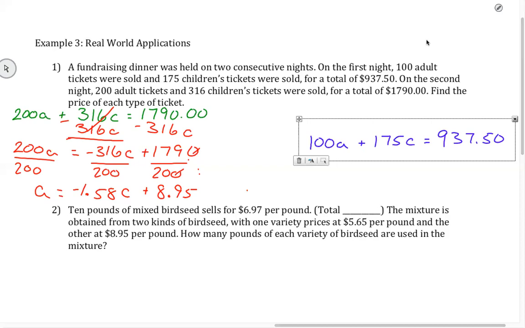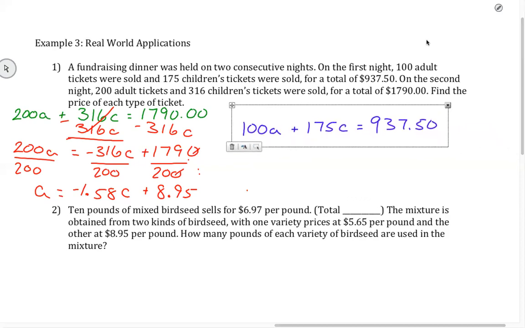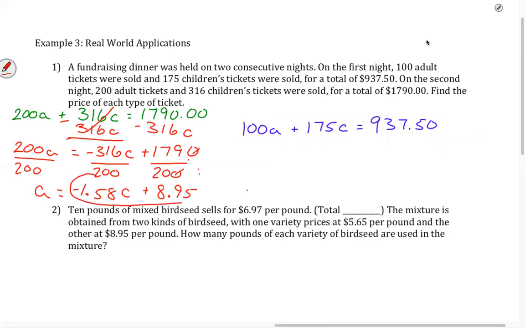Now you are going to take this equation and plug this in for A. So we have 100 times negative 1.58A plus 8.95.